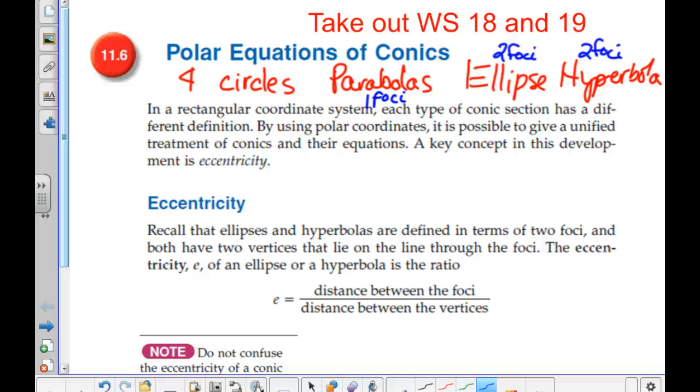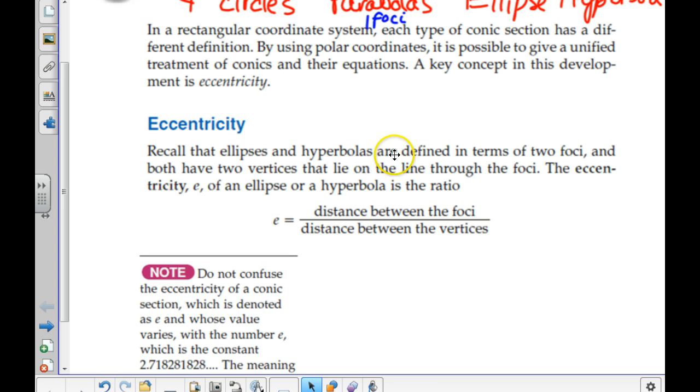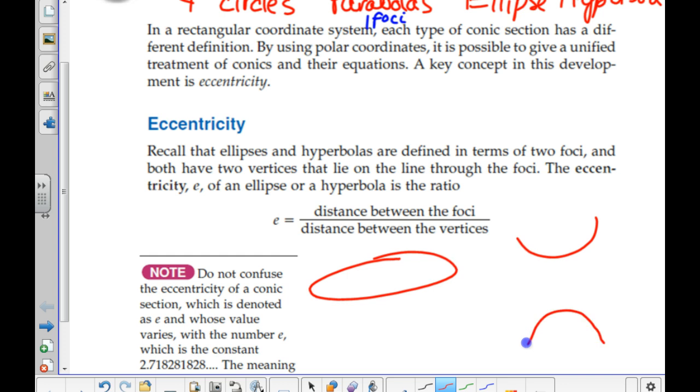It says, recall that ellipses and hyperbolas are defined in terms of 2 foci and both have 2 vertices that lie on that line. Okay, I want to draw a little ellipse here and a hyperbola. Now, the foci are inside here, yes?